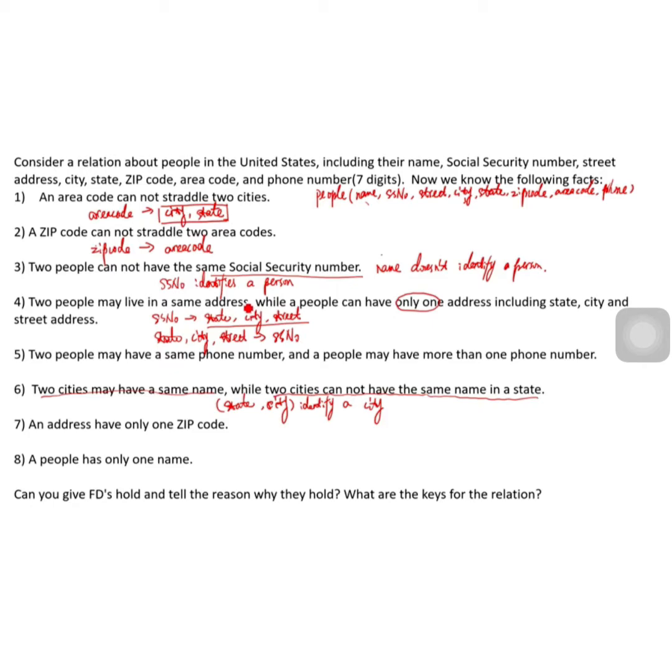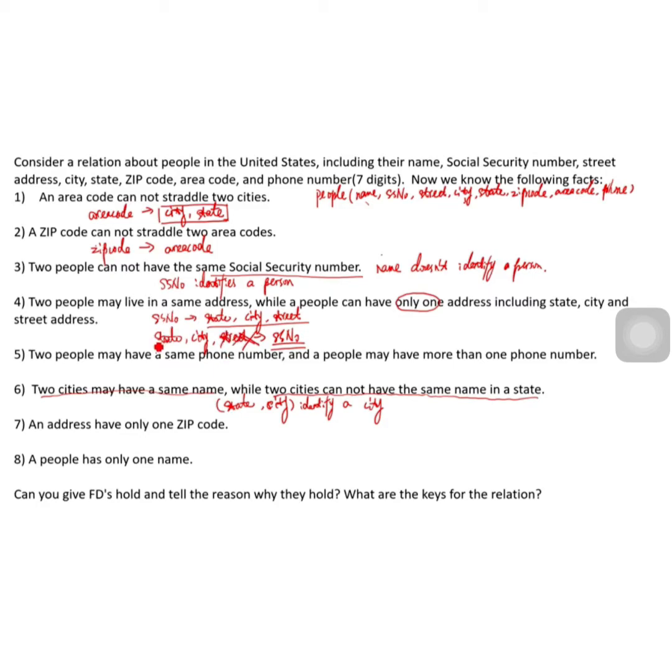If any two tuples have the same state, city, and street, these tuples are about one address, but at one address there may be two persons. So we cannot say the values on SS number are the same. So this FD does not hold.